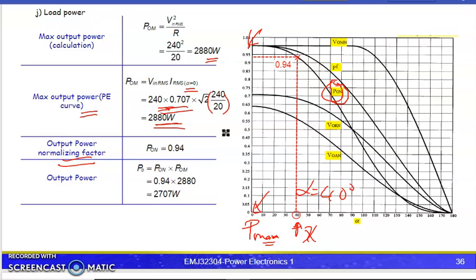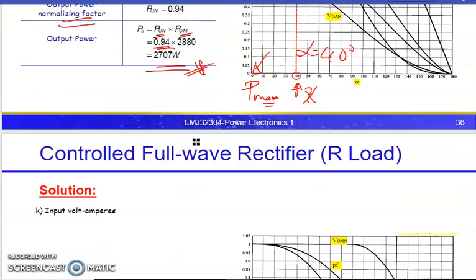So the output power is P output normalized times P output max, 2880 normalized at 0.94. At alpha equal to 40 degrees, the load will absorb only 2707 watt instead of the 2880 maximum it can absorb at alpha equal to 0. Okay, understand?